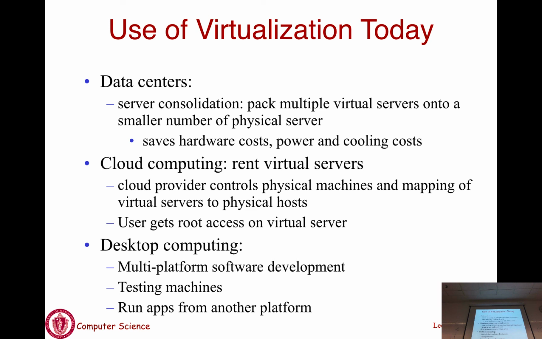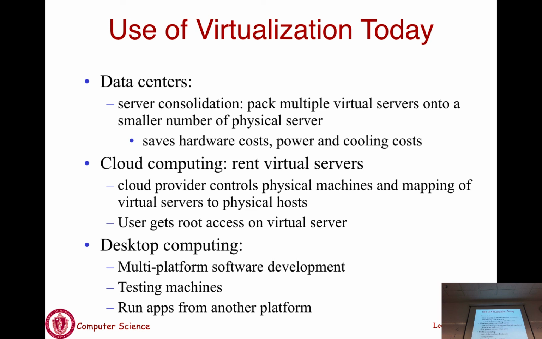Because inside a virtual machine, you run your OS and you have root access. If you have root access on a machine, the cloud provider has no control over what is happening on that machine. So if you had access to the physical machine, the cloud provider would have lost control over it. So they retain control by running the hypervisor. They are the actual root on the machine because they run the hypervisor.